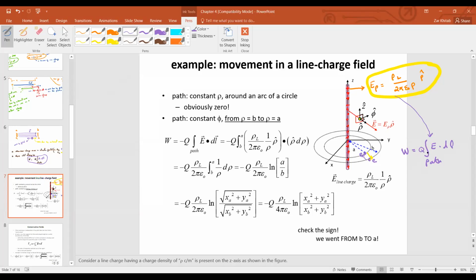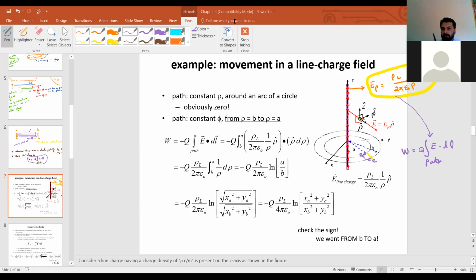You need to use this equation to find the work done. Say this is the line charge and you want to move the charge from this point to this point, you have to use this one equation: work equals charge times the integral of E dot dl.